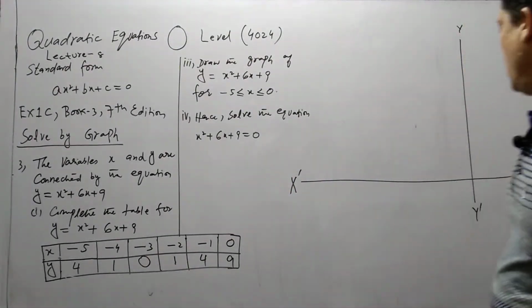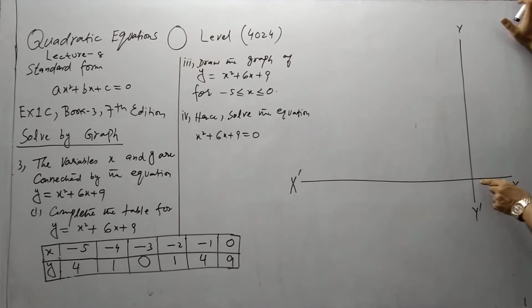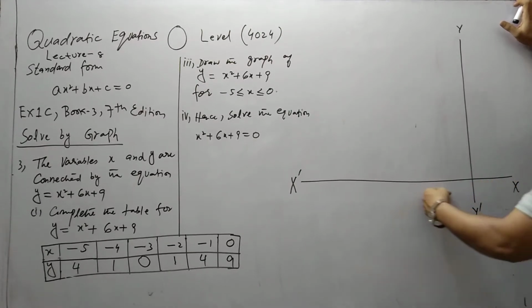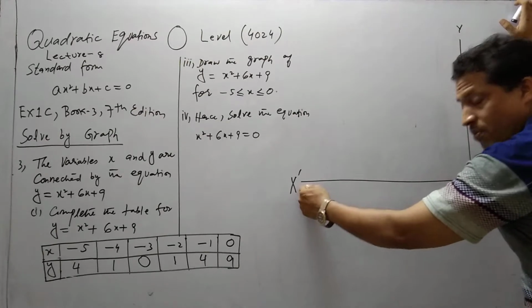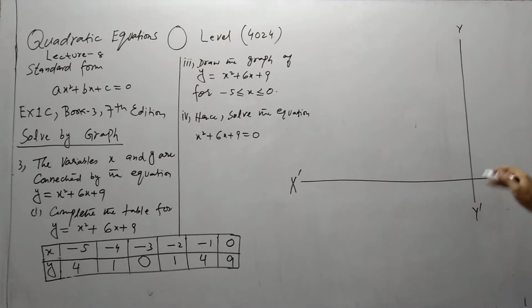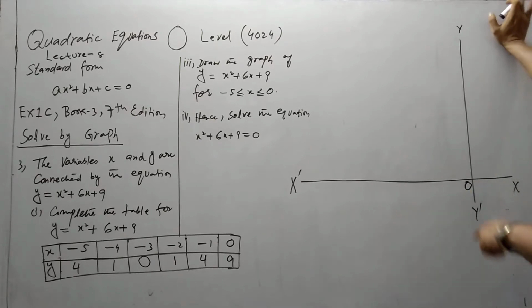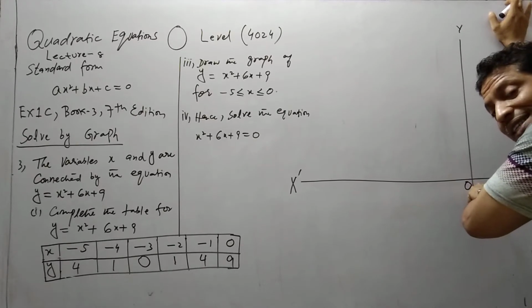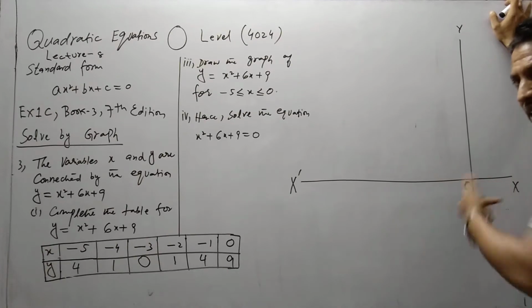So we give a short margin to positive values and take a long margin to negative values. And now you know this point of intersection where the x and y axes intersect is called the origin. Origin means where the value of x is 0 and the value of y is 0.